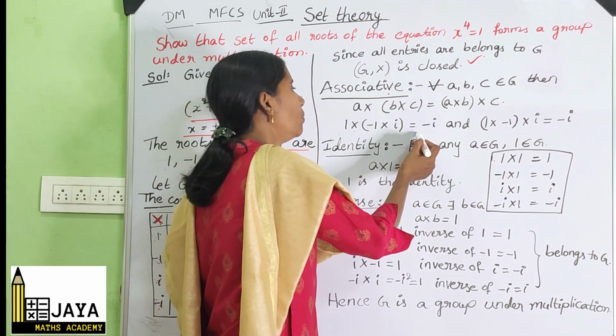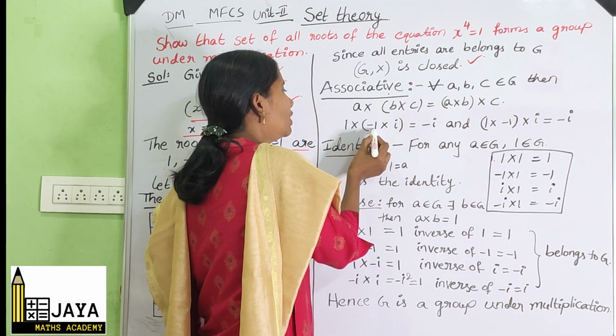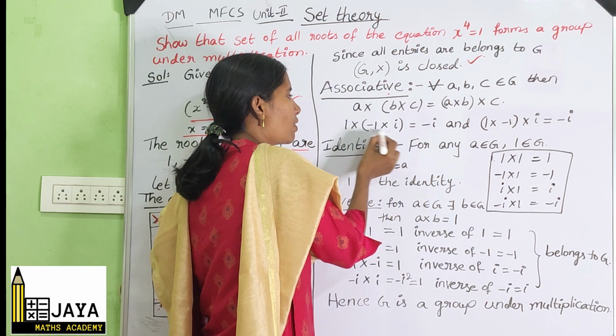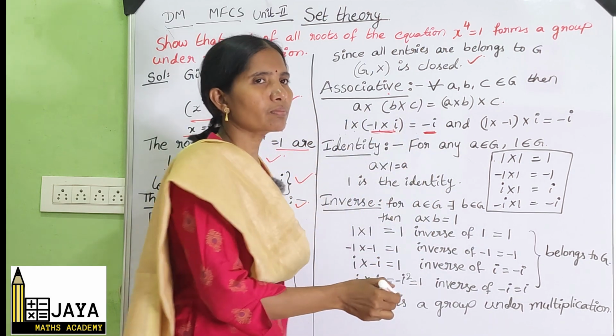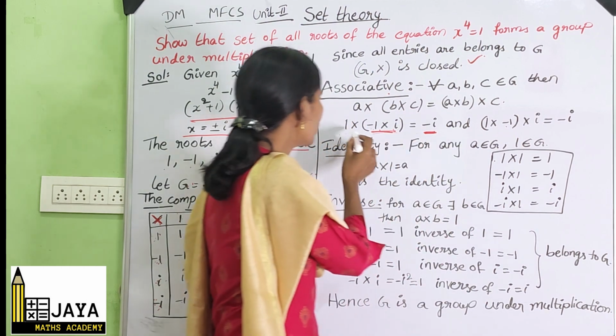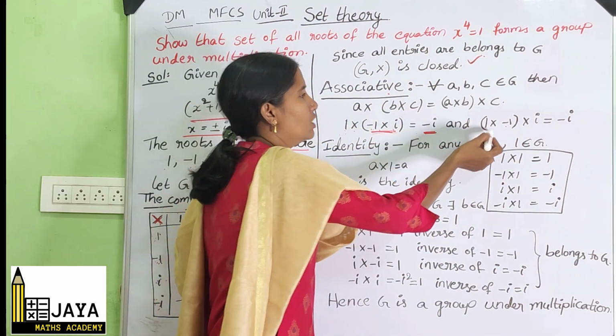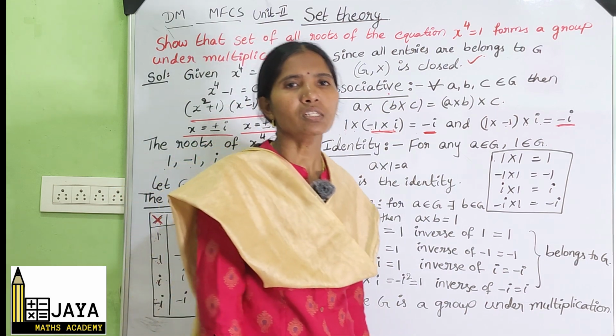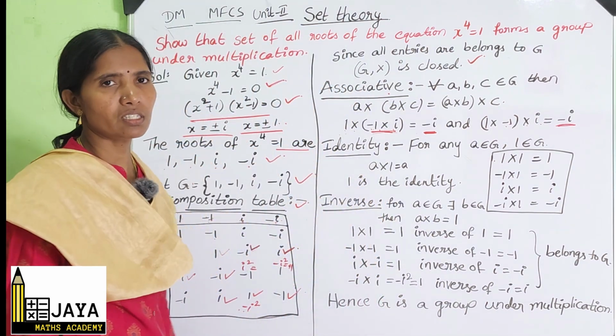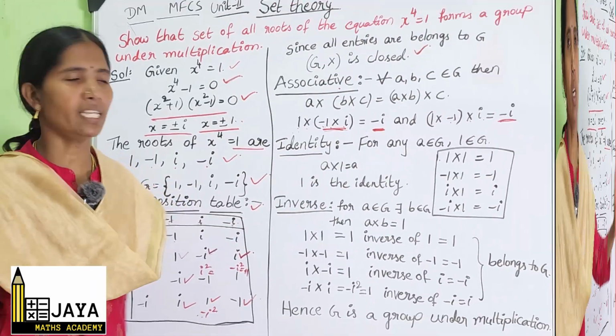Minus 1 into i is minus i, so 1 into minus i is minus i. Here 1 into minus 1 is minus 1, then minus 1 into i is minus i. Both are equal. So G, into is associative.